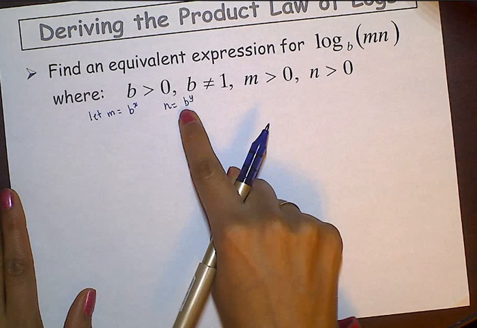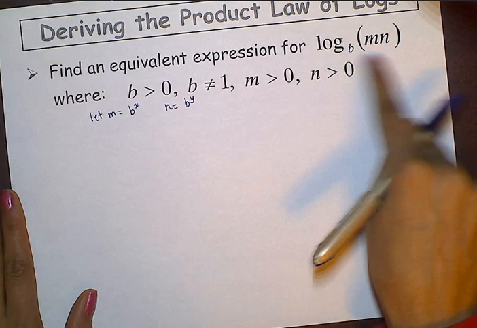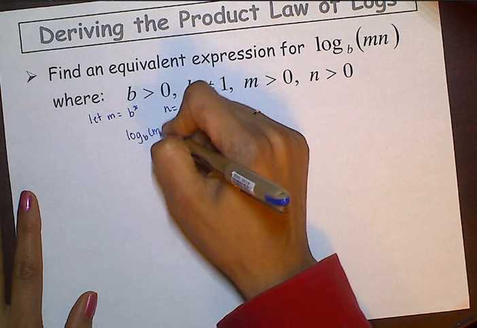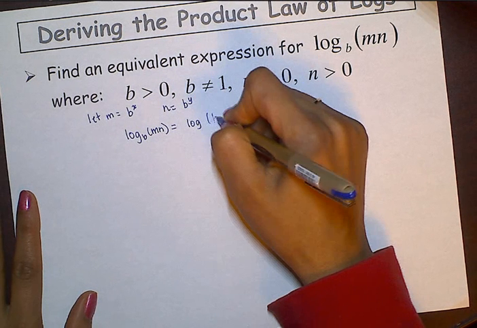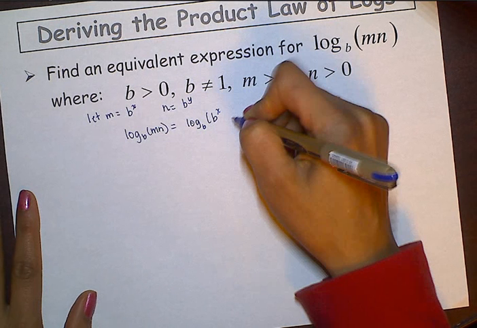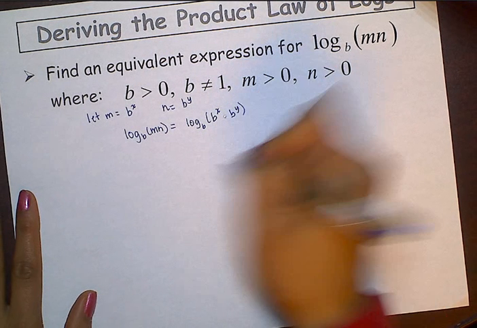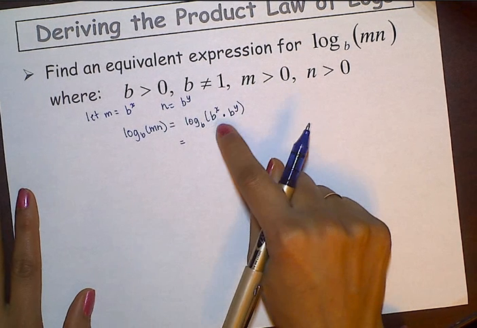So I have log b of mn, that is equal to log base b of b to the power of x times b to the power of y. And just recalling our product law here, if we have the same base, we can add the exponents when we're multiplying two powers with the same base.